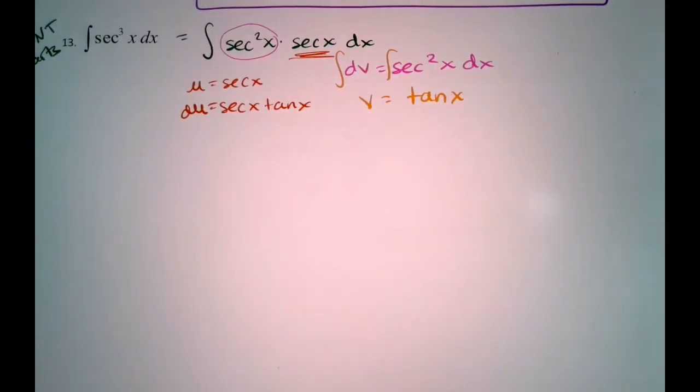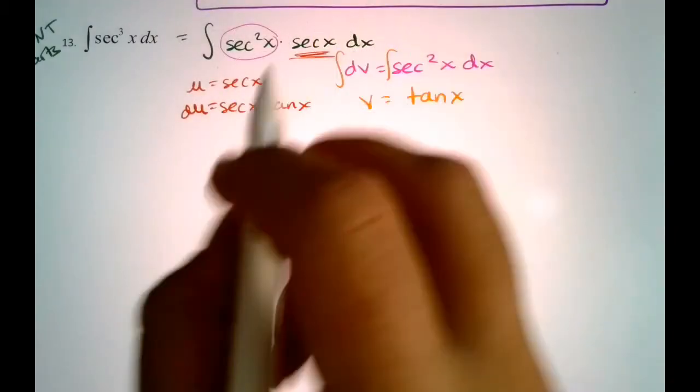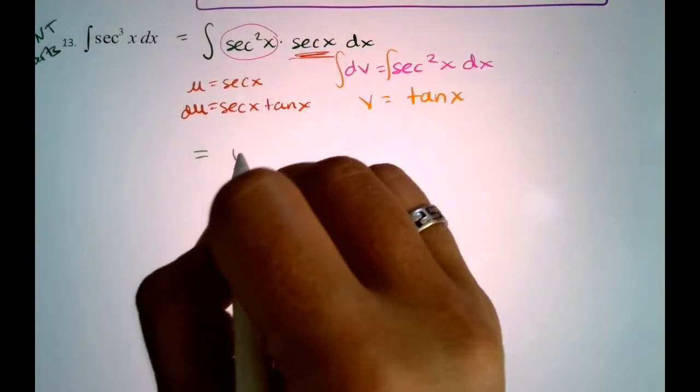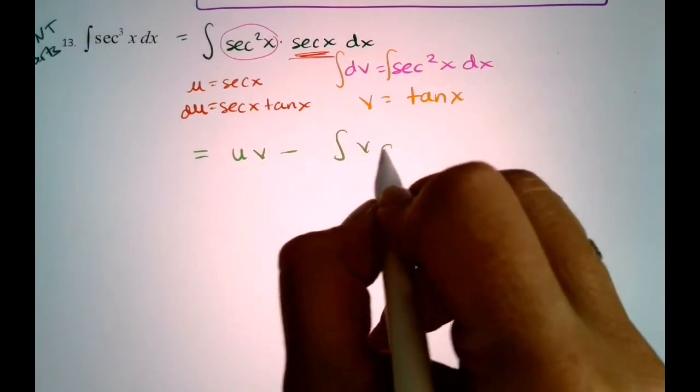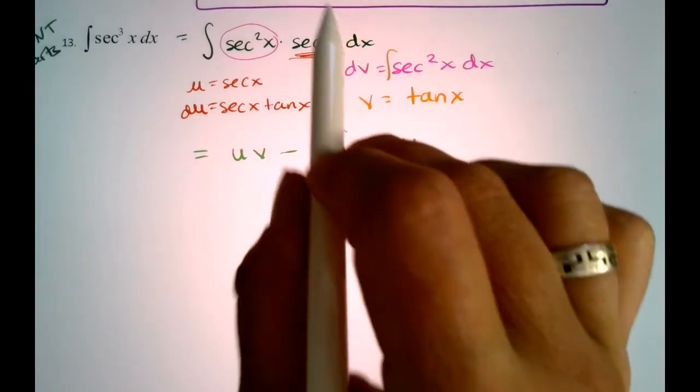Okay, so let's get in here with integration by parts. Let's remind you what integration by parts is. It's u times v minus the integral of v du. We've been working with a basic u substitution this entire section. This is the one moment where your really fancy strategy of integration by parts is actually needed. So let's set up what our answer is going to be so far.